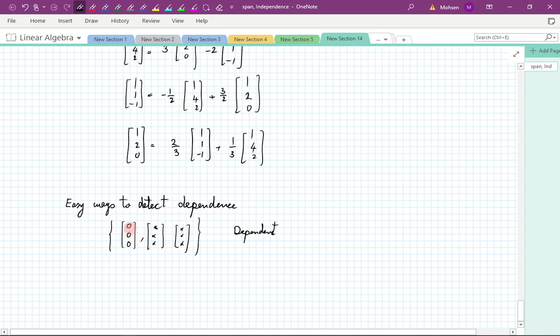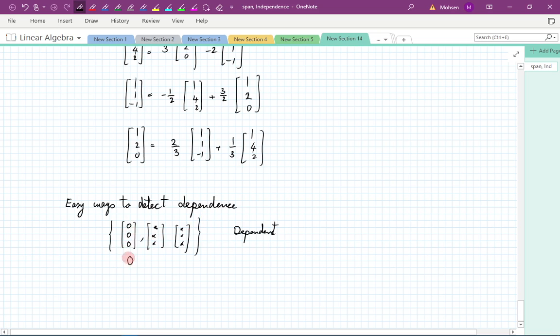If you have a person who doesn't do anything, adding him to any team is just dead weight, and you can take him out, it still doesn't hurt anything. Same with the 0 vector. If you have a set that includes the 0 vector, the set becomes dependent.